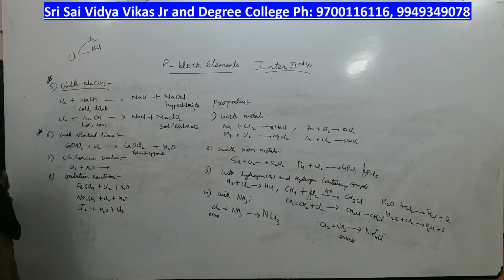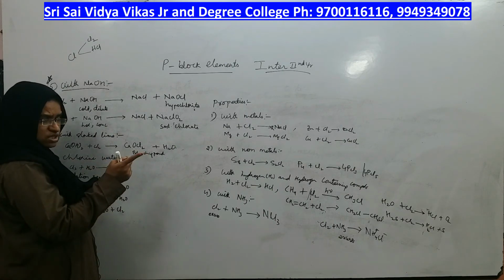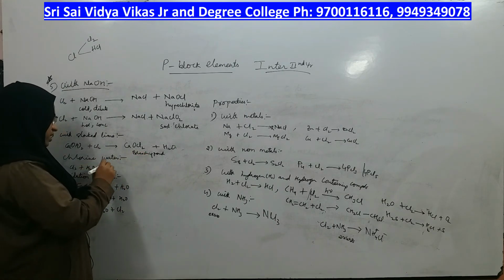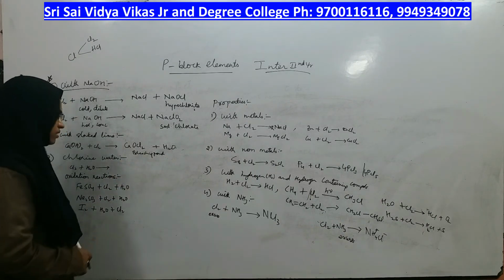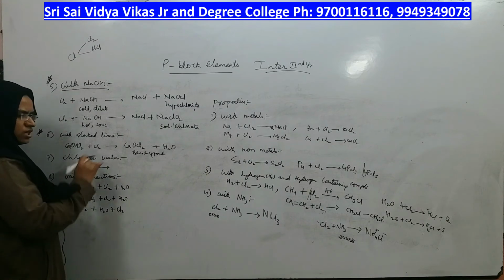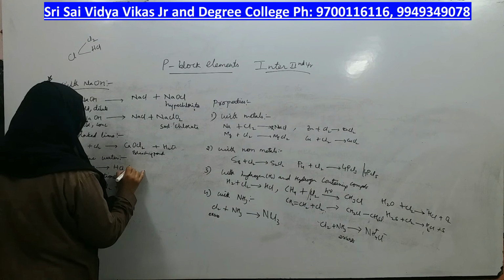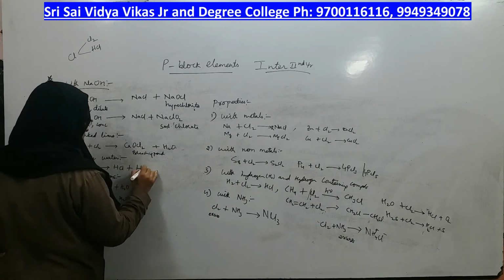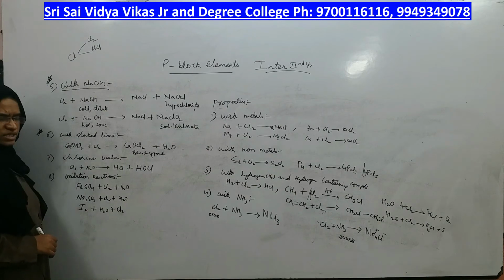How does it release nascent oxygen? Let us see by this reaction. There we have seen oxygen gas, but here nascent oxygen. That nascent oxygen combines to give you that, but let us see what exactly happens when you mix chlorine and water and allow it to stand. You get HCl, hydrochloric acid, and HOCl, which is hypochlorous acid.